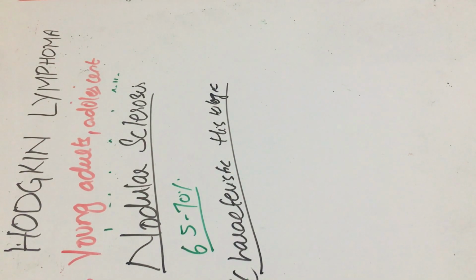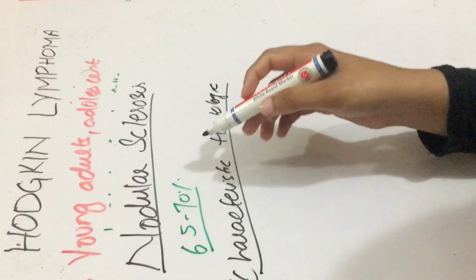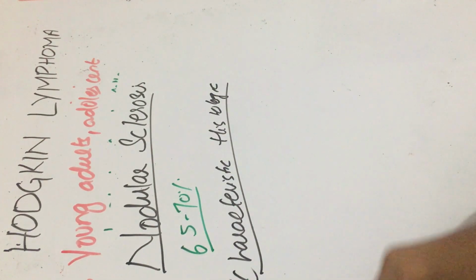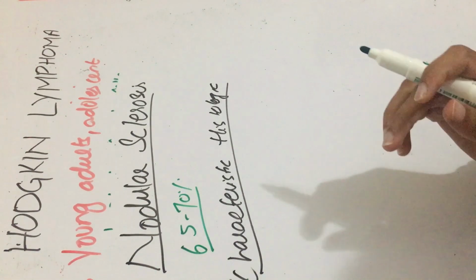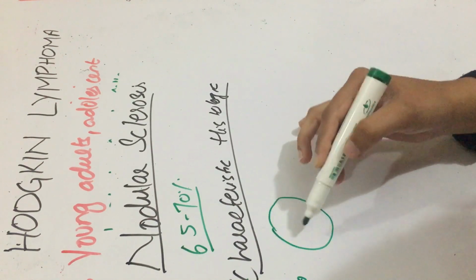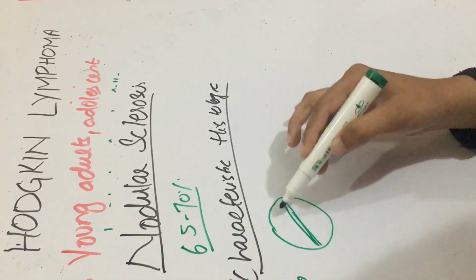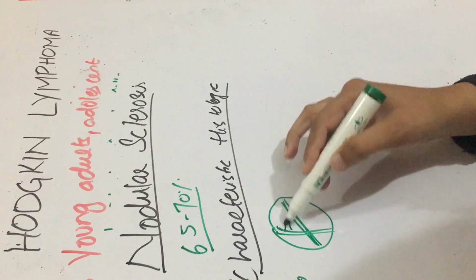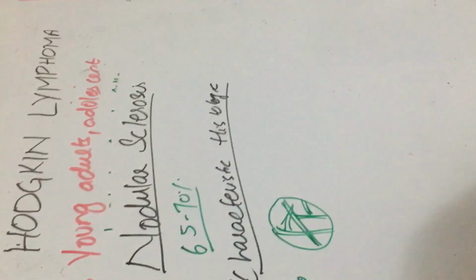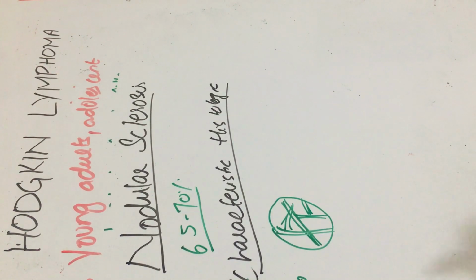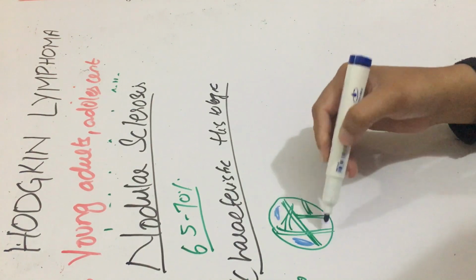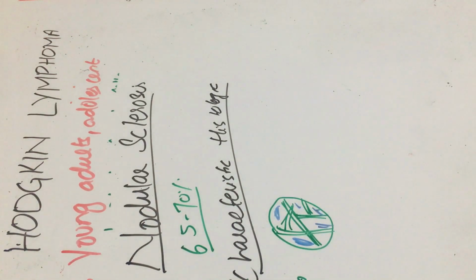As the name indicates, there is nodule formation, and sclerosis means fibrosis. In the lymph nodes, the collagen is deposited in the form of multiple bands, so it imparts nodularity to the lymph nodes. That's why it is called nodular sclerosis. Second, fibrosis is present, which may be scant or abundant.